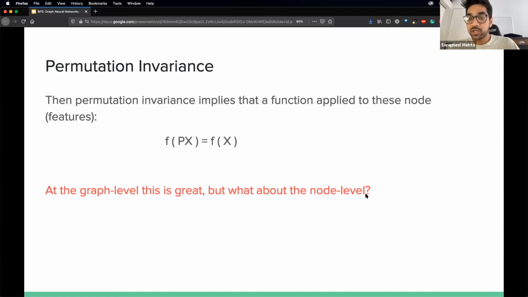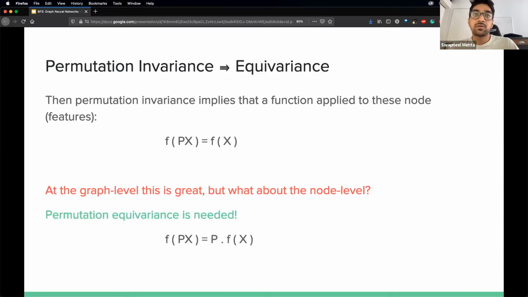If I have permutation invariant functions, and if this P, now the order matters, right? Now you want at least to know which node was transformed into which value. You don't want to know just one summary number for the graph. So what do we do?